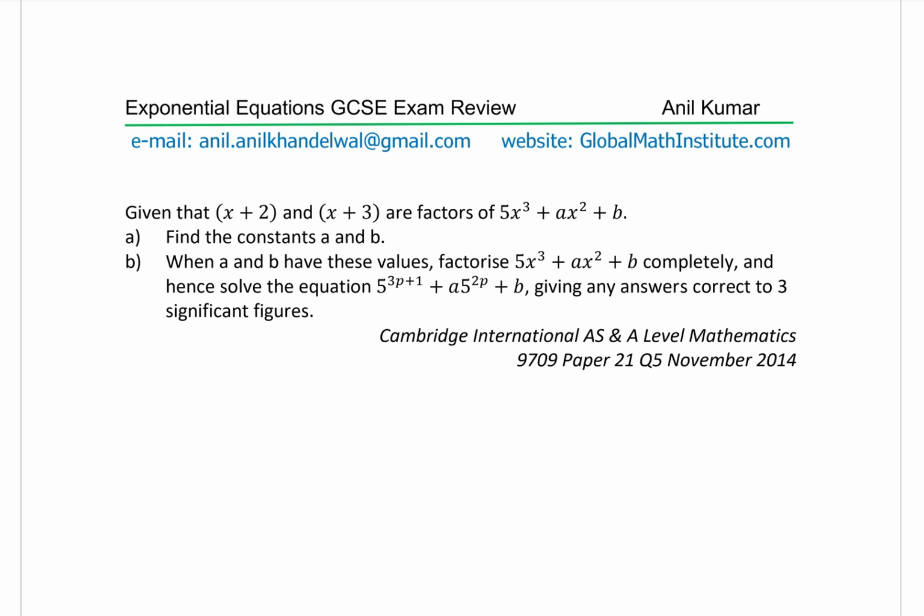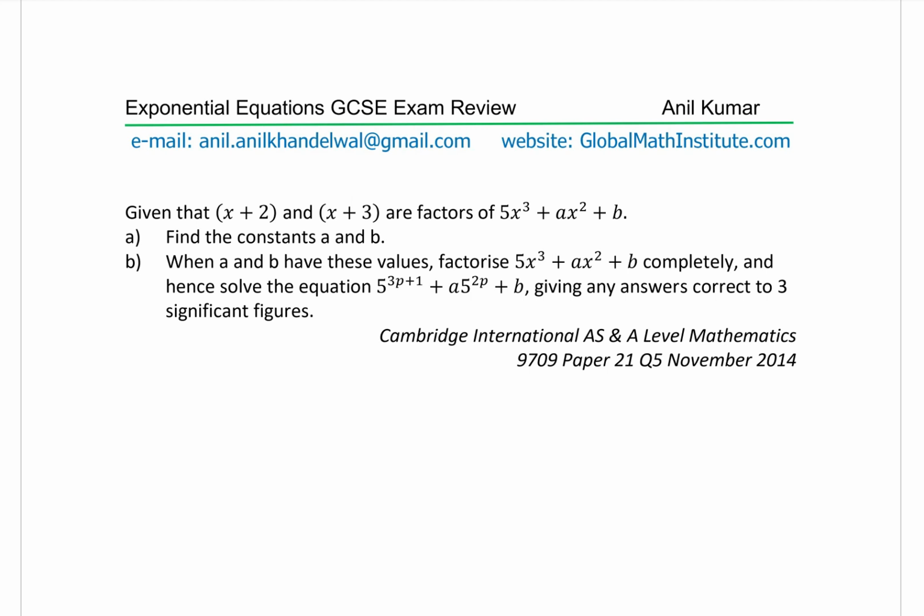We're actually doing exam review, and here is a test question from GCSE test paper, Cambridge International AS and A Level Mathematics, 9709 paper 21, question 5, November 2014. The question here is, given that x plus 2 and x plus 3 are factors of 5x cubed plus ax squared plus b, find the constants a and b.